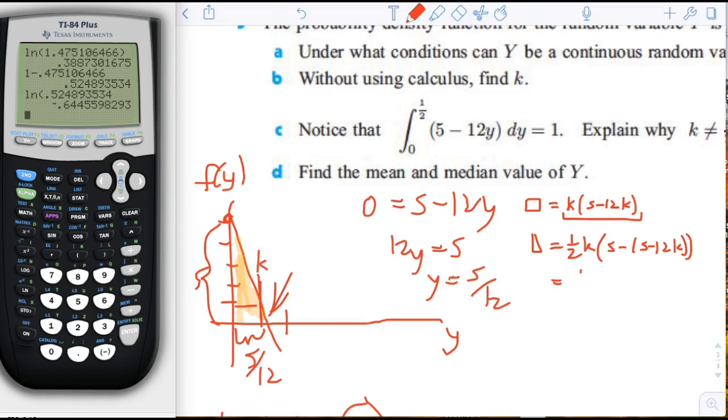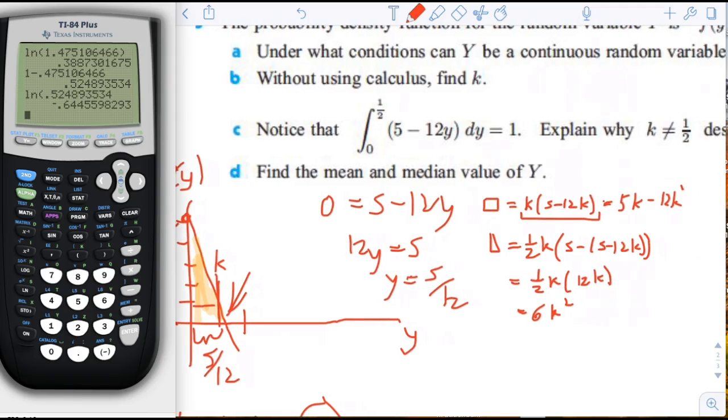And this is going to be simplified to 1/2 k times 5 minus 5 is 0, minus 12 is 12k. So this is equal to 6k squared. And so the total area is going to be 5k minus 12k squared. So we're going to add the rectangular area and the triangular area together.